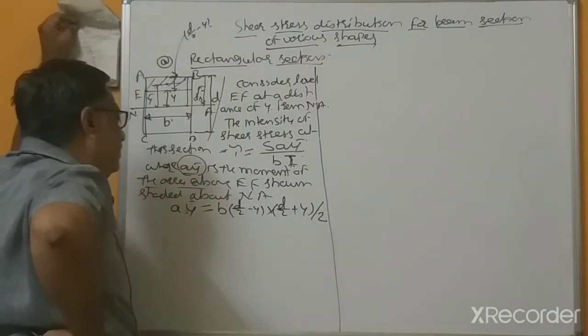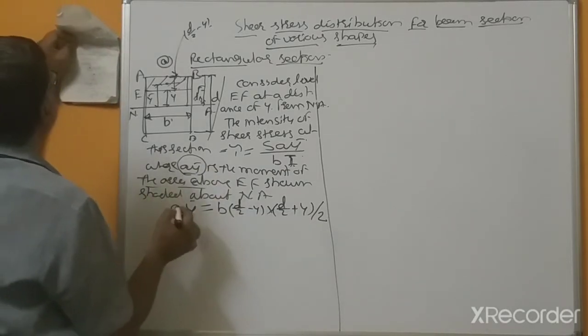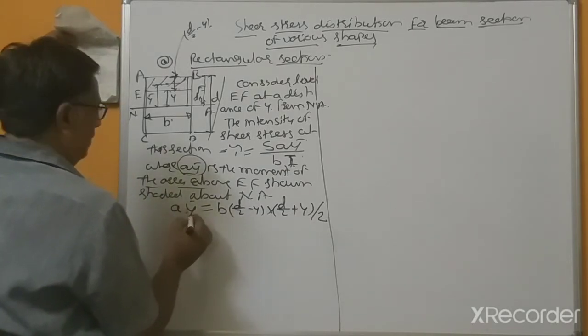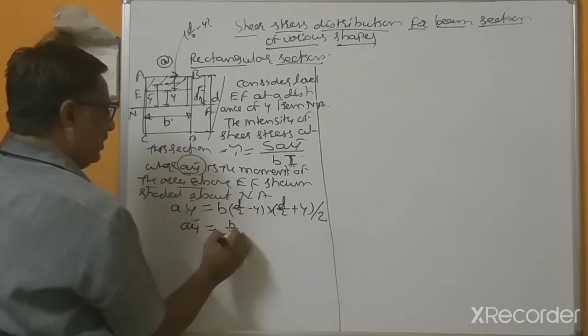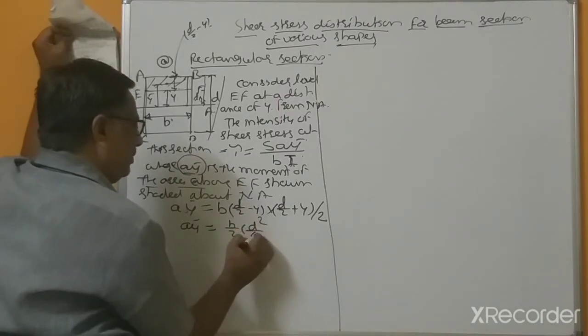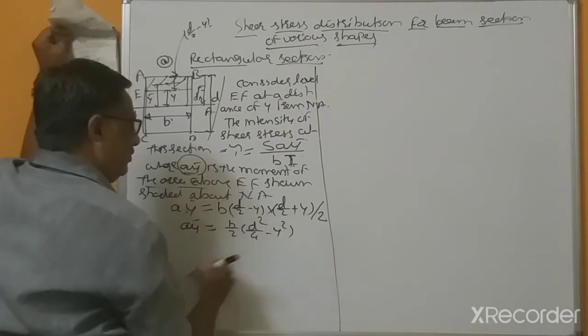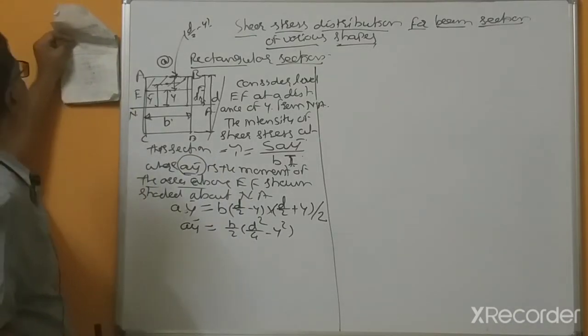So A Y bar equal to B by 2 into D square by 4 minus Y square.